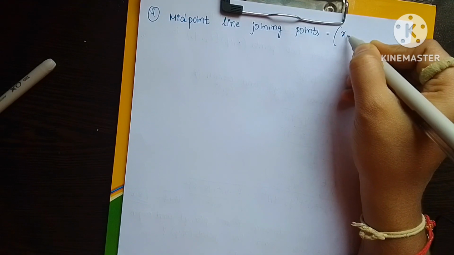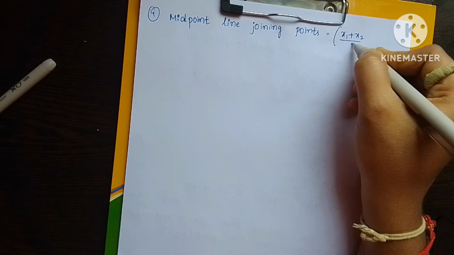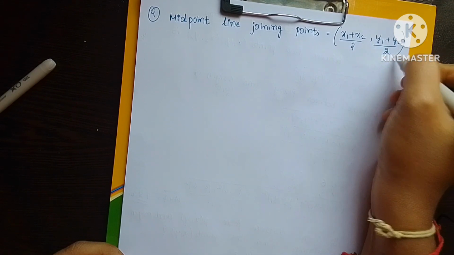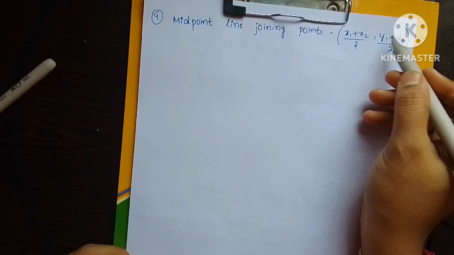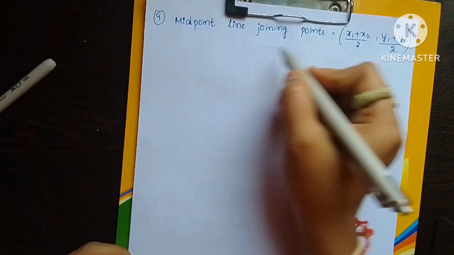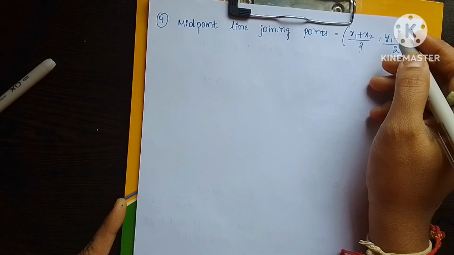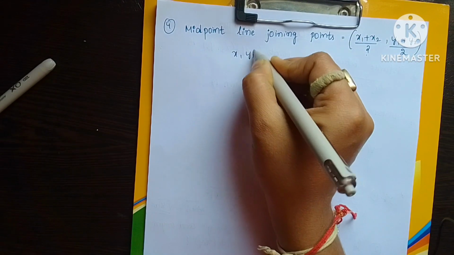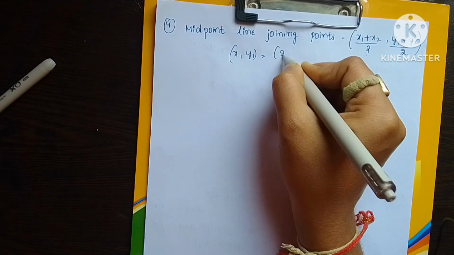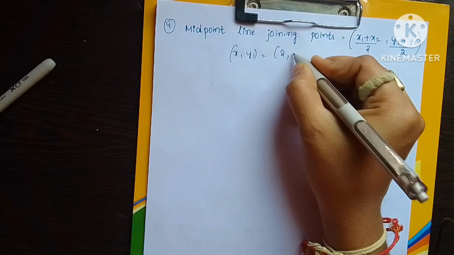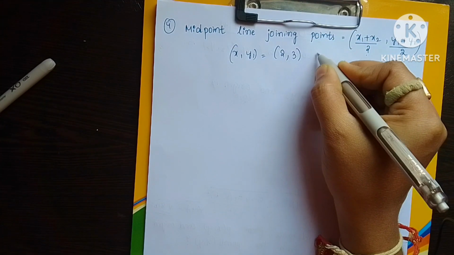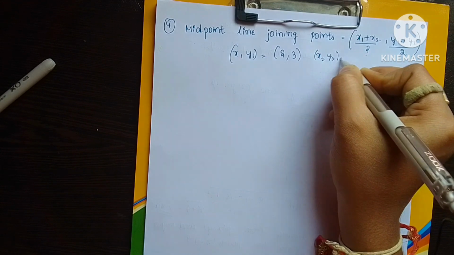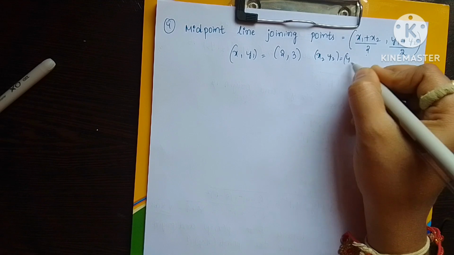Midpoint formula, that is (x1 plus x2) by 2 comma (y1 plus y2) by 2. So this is the midpoint formula. Let us see an example for this. Suppose they have given x1 and y1 as (2, 3) and x2 and y2 as (4, 7).